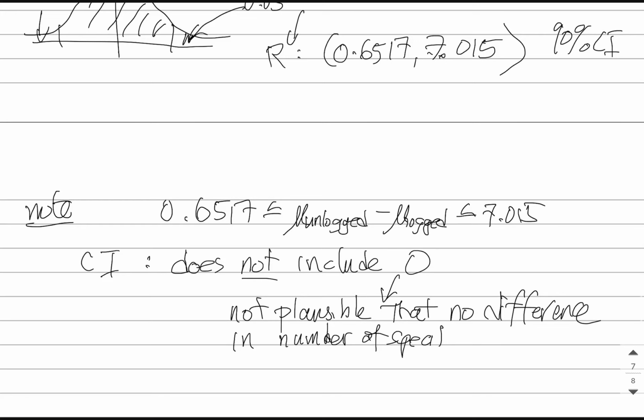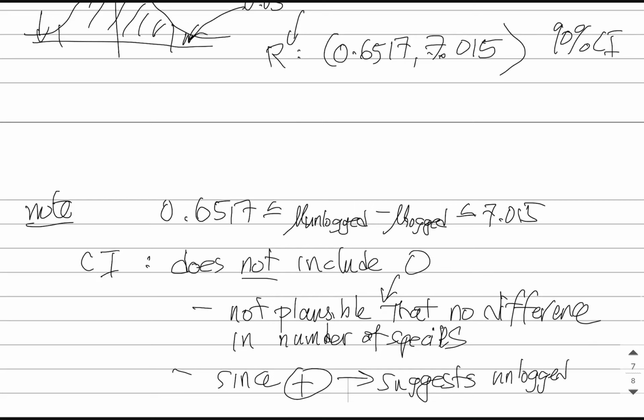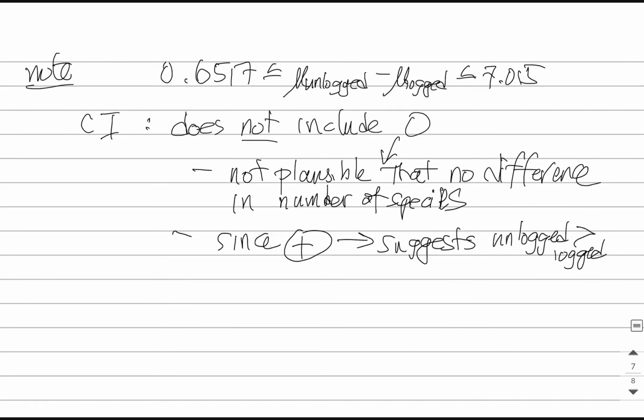Here, what we are finding is that it's a positive value. Since all the numbers are positive, this suggests that unlogged has a greater number of species than logged. And that's what a quick sampling of the data will also do. If you just scan through the data sets, you can see that the unlogged plots have a greater number.